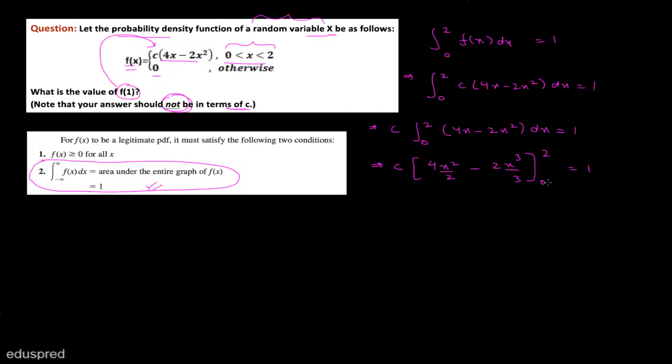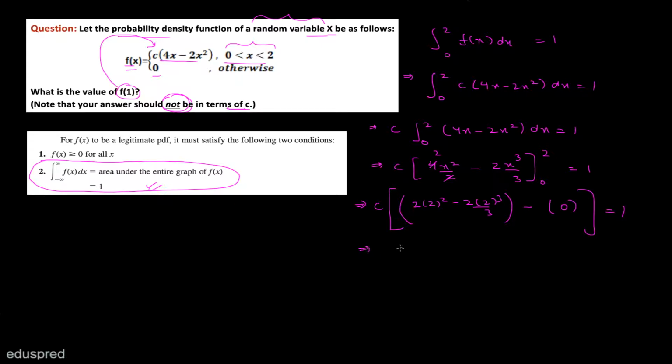And now we just have to put these values to solve for c. By the way, we can write 2 over here. So c, in the first bracket we have 2 multiplied by 2 square minus 2 cube divided by 3, minus, in the second bracket we will just have 0, and this is equal to 1.